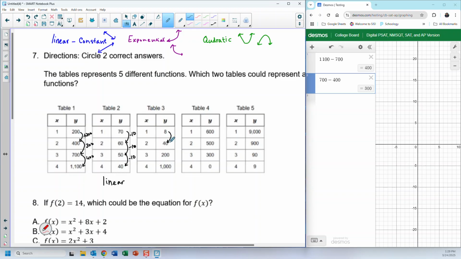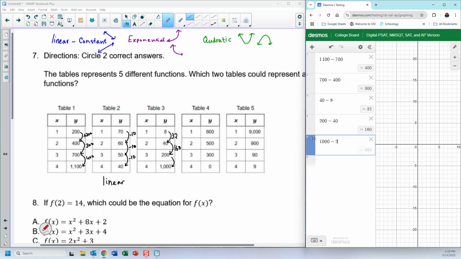So this one, the common difference here is 32, right? 40 minus 8 is 32. So it added 32. So for this one, let's see, 200 minus 40 gives me 160. It went up by 160. It jumped up really high, right? So it goes up by 32, and then it goes up by 160, and then this one, it goes up by, what, 800 minus 200, goes up by 800.